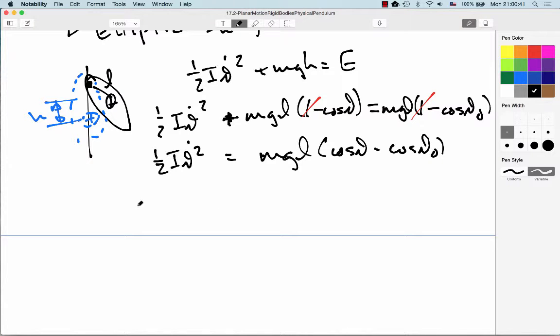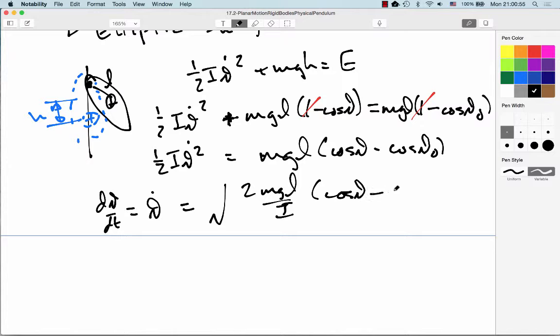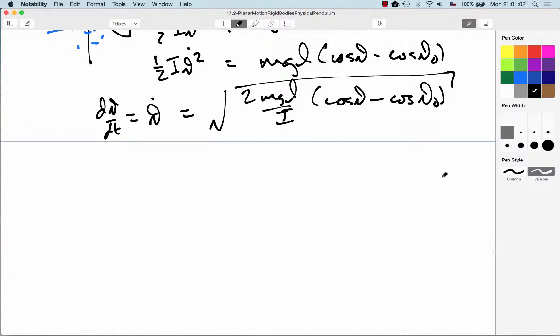All right, so ultimately we can express theta dot, which we'll note is d theta dt on our way to integrating this, as root 2 mgl over I times cosine theta minus cosine theta naught. So we'll separate variables.